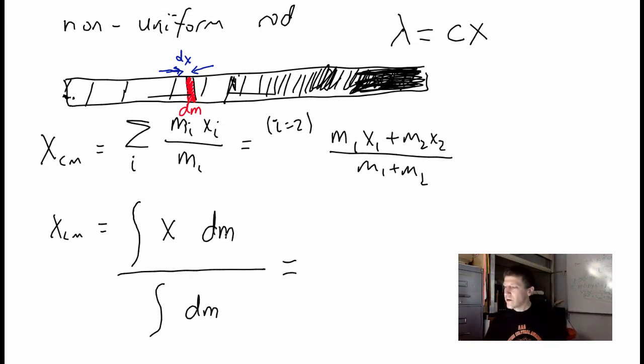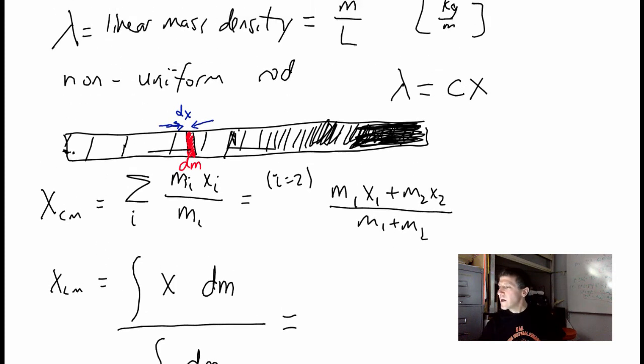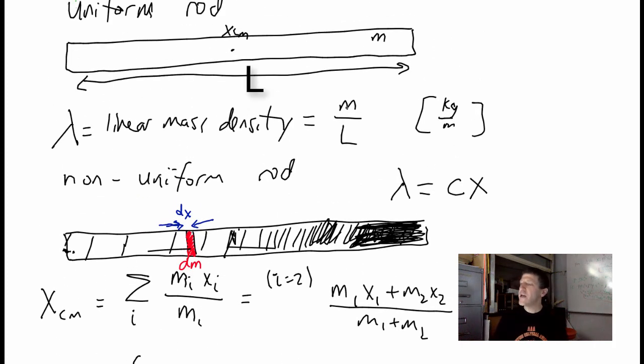Now check this out. Do you understand, or does this make sense, that the dm, well, let's look at the uniform rod case. If I wanted to find the mass m, what would I multiply lambda by? The length.